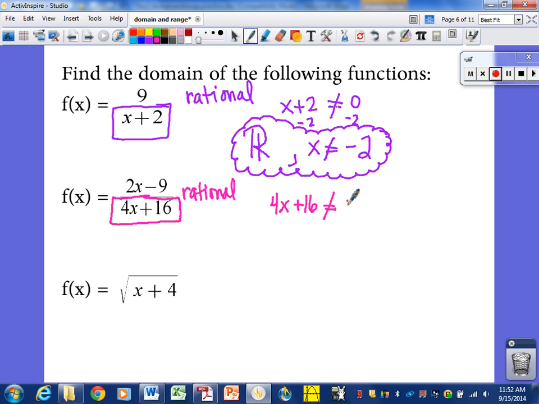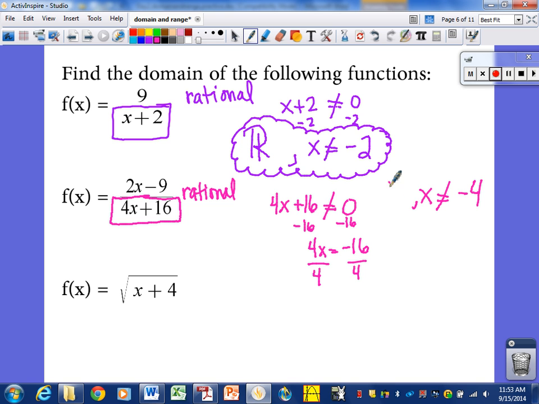So the whole entire denominator, 4x plus 16, cannot be equal to 0. So let's solve this for x. Minus 16 minus 16. 4x equals negative 16. Divide by 4. X cannot be equal to negative 4.